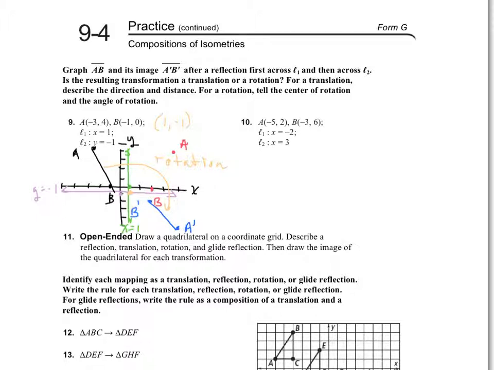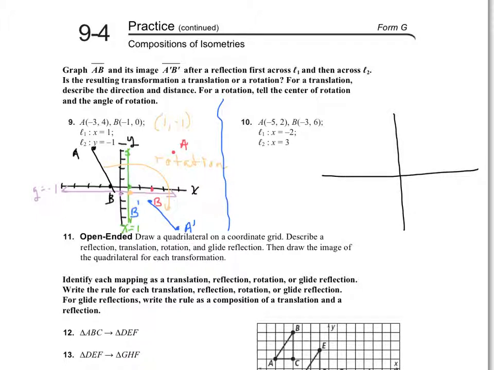All right, so then let's look at the next one, number 10. For number 10, I'm going to put a little line through here, and go over here and just sketch.